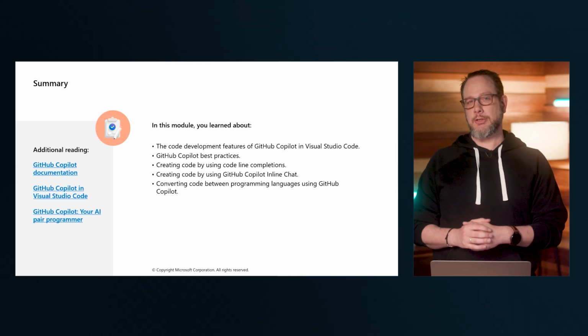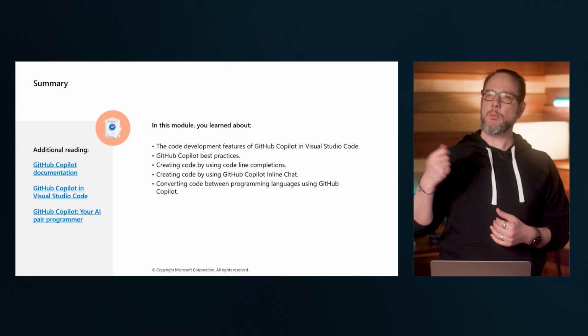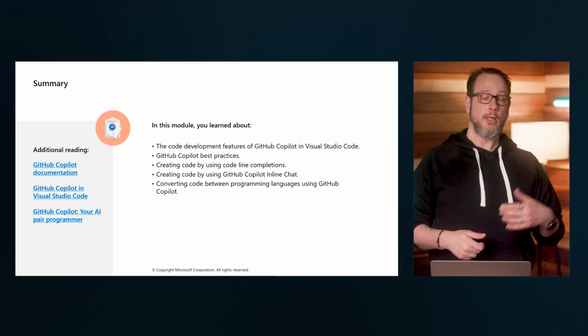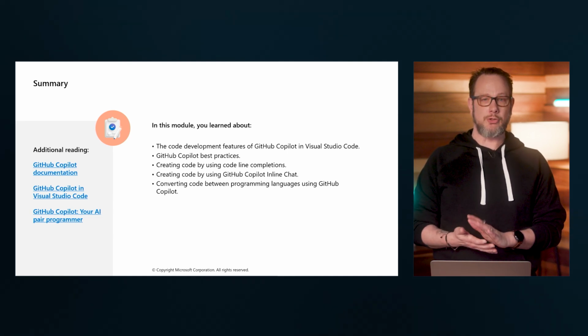And then one of the last examples we touched on is not only writing code, but also helping you rewrite code, which means transforming one development language example into another development language example.